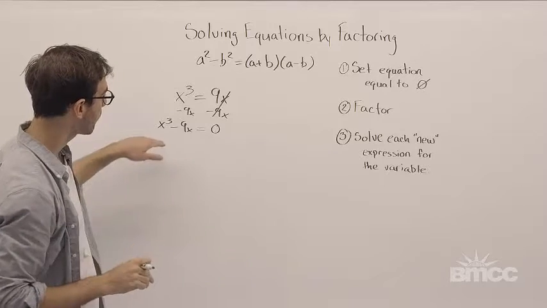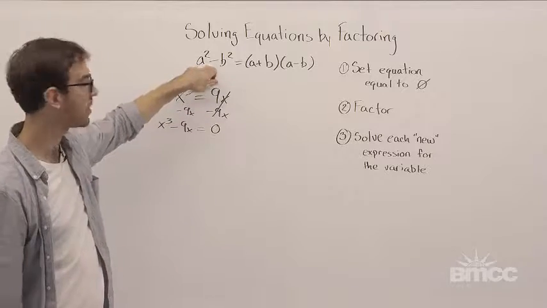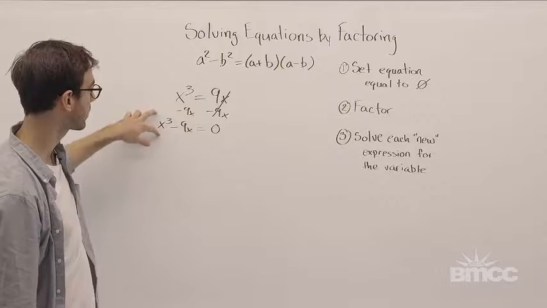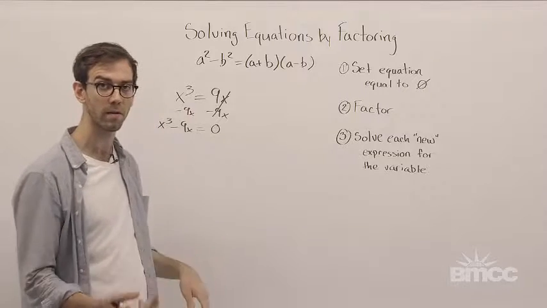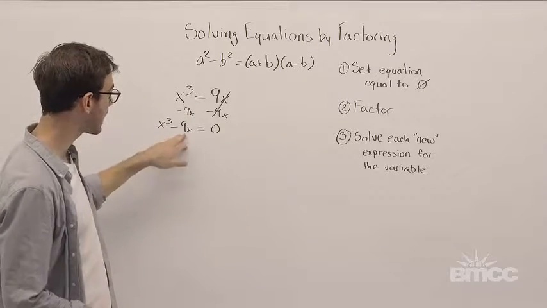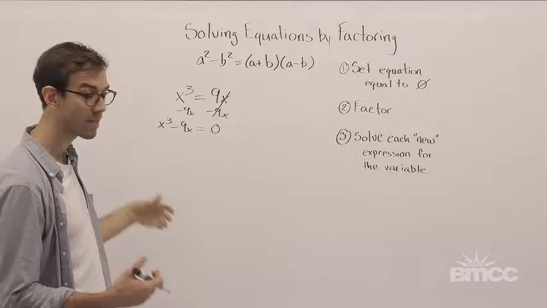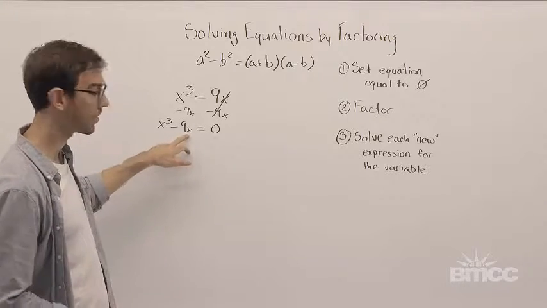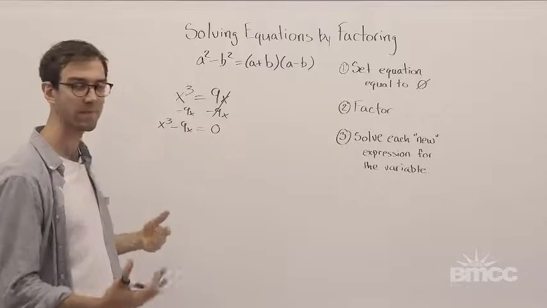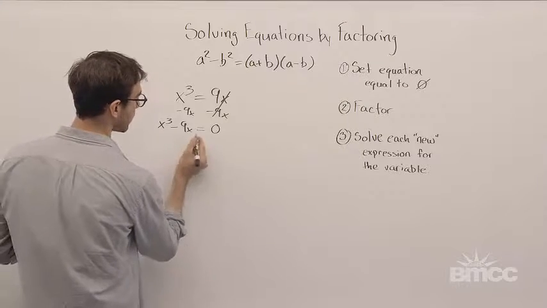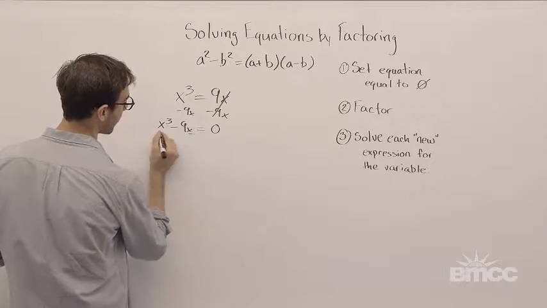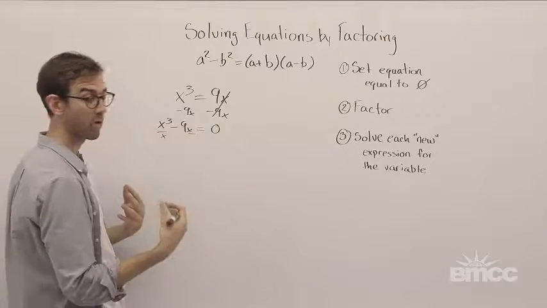So now we have the difference that we want, but we don't have squares here yet. We've got an x to the third. If this was, say, x squared, we'd be fine, because we know that 3 times 3 is 9. But we also have another x here, so we've got some things in the way. But we can see that we've got a common factor of x that can be pulled out of both of these.